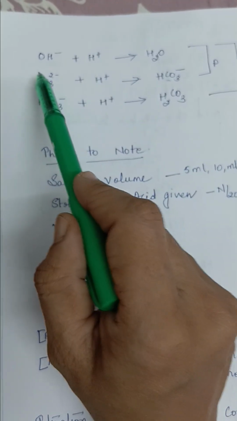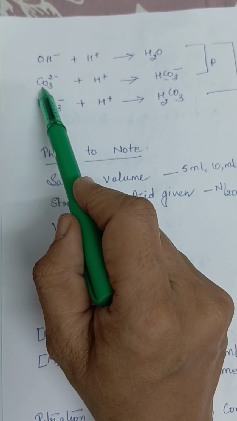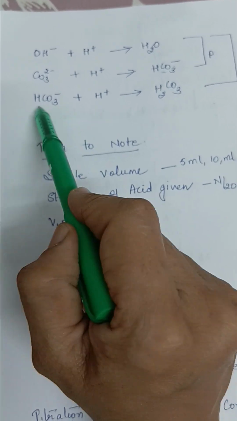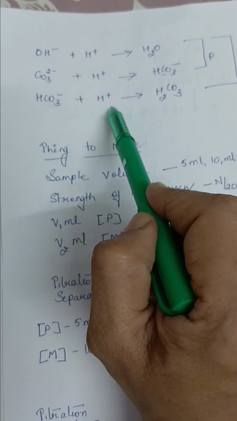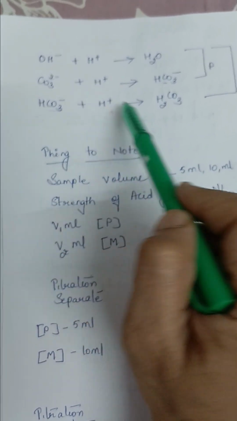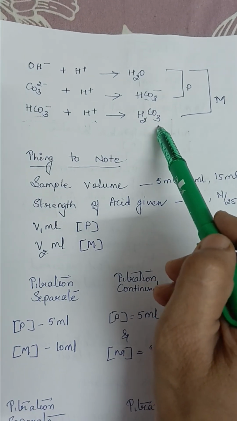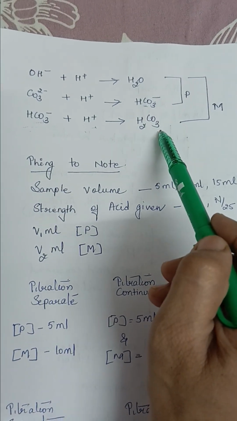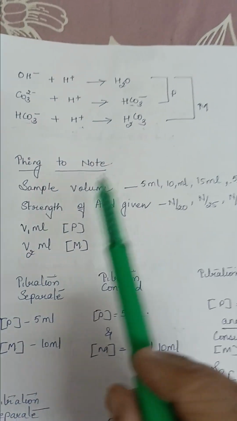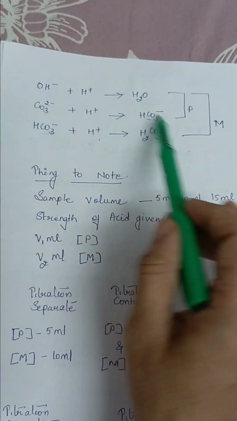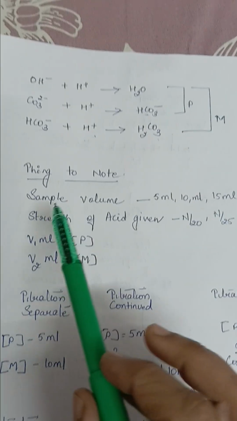Then either the half-neutralized carbonate ions from this step or separate bicarbonate ions present in the water sample will be neutralized by H positive ions from the acid and form H2CO3, carbonic acid. So these are the neutralization reactions for the phenolphthalein and methyl orange indicators.